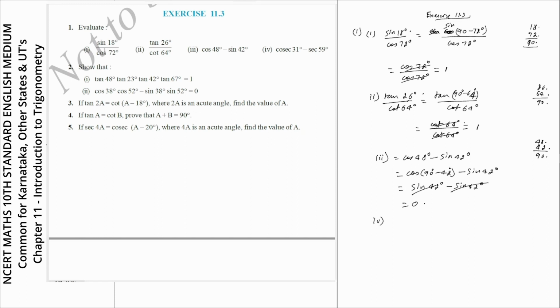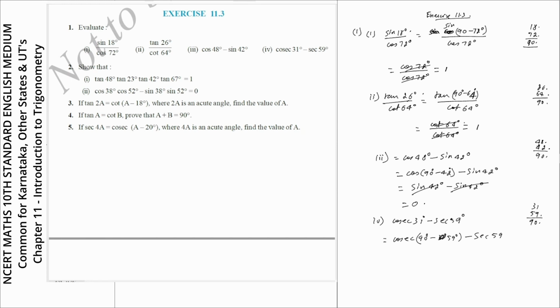Fourth sub question: cosecant 31 minus secant 59. Evaluate this one. Here we can see 31 plus 59 is equal to 90. So they are complementary. So cosecant 31 I'll write as cosecant of 90 minus 59 degree, minus secant 59 degree, which I'll write as it is.